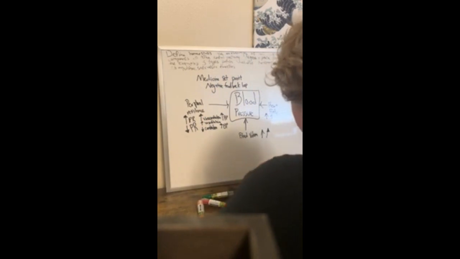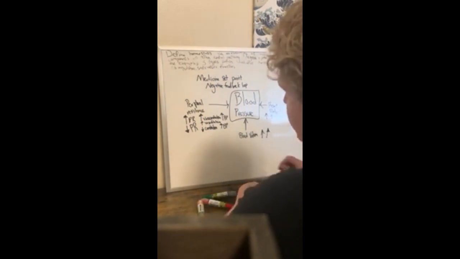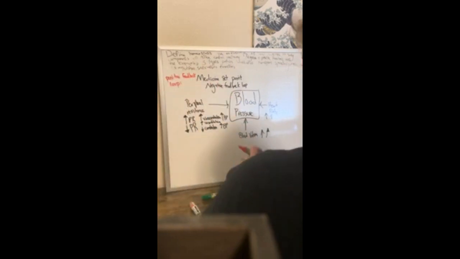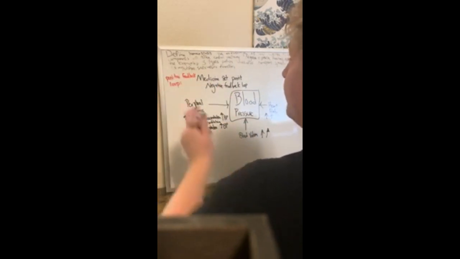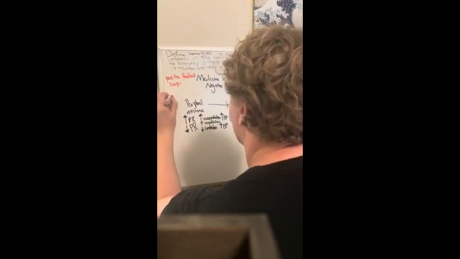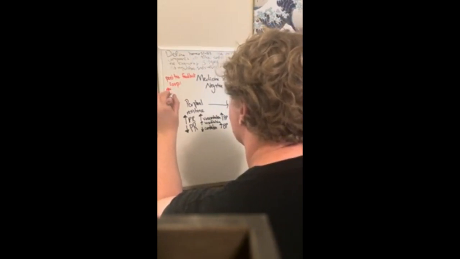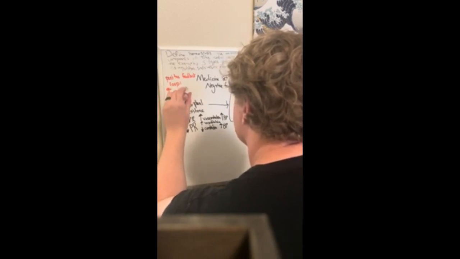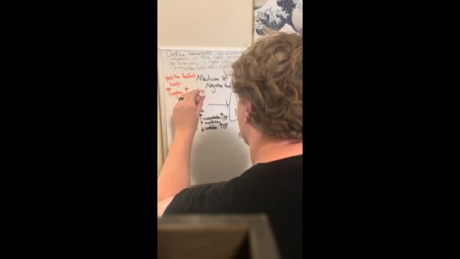And a good example I can think of with a positive feedback loop would be childbirth. Childbirth increases oxytocin, which will increase contractions, which will then in turn increase oxytocin more.